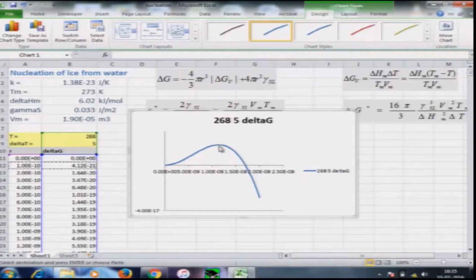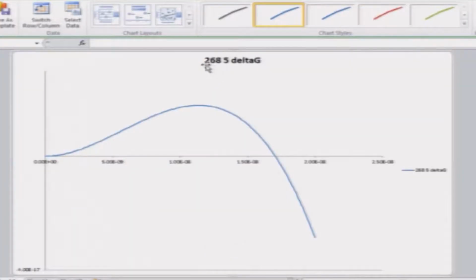So, somewhere out here is a critical size nucleus, and so you can see that for a transformation temperature of 268, and this 5 is giving me, this is undercooling, how delta G is varying with the size of the nucleus.